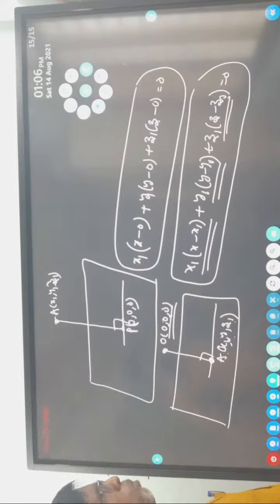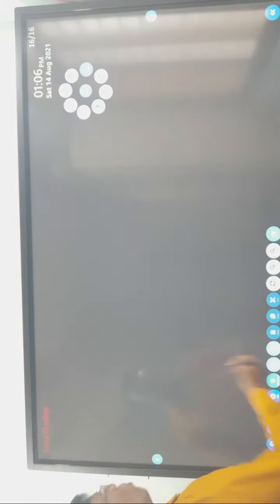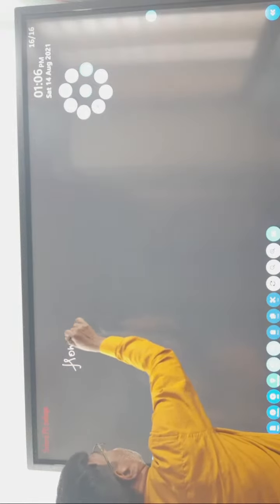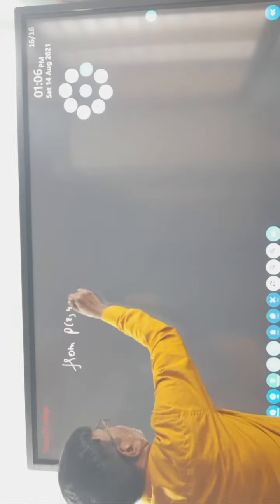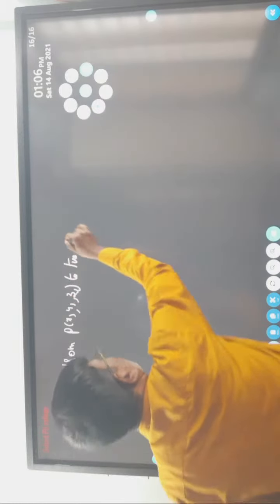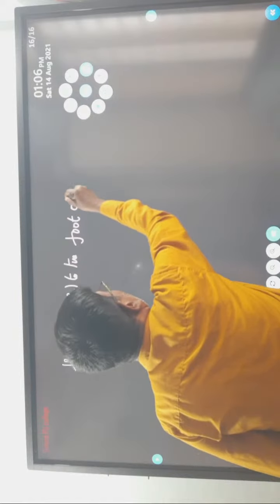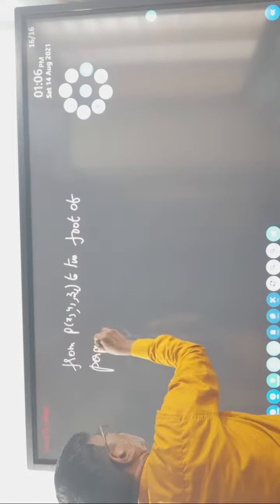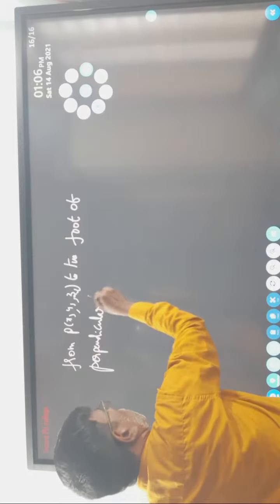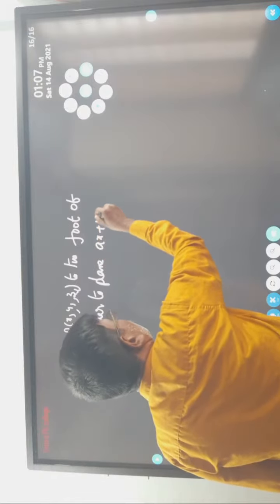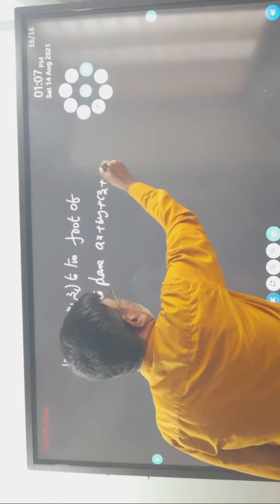All of you know the image concepts; the same straight line concepts are also applicable. Suppose from the point P(x1, y1) we drop the foot of the perpendicular to the plane ax + by + cz + d = 0.